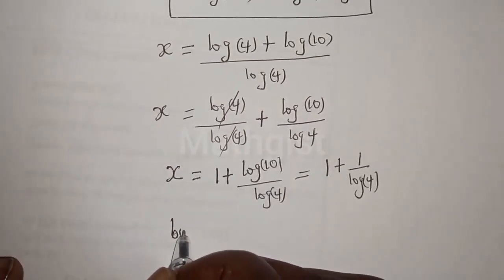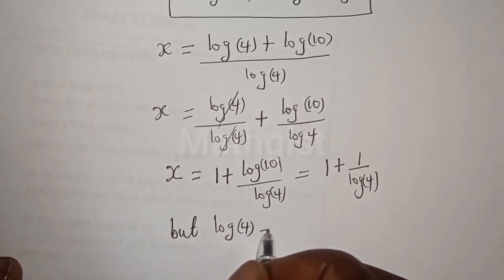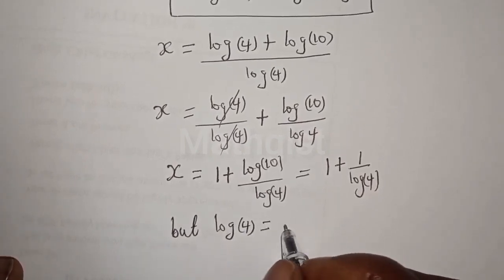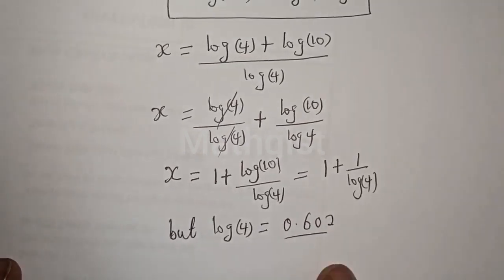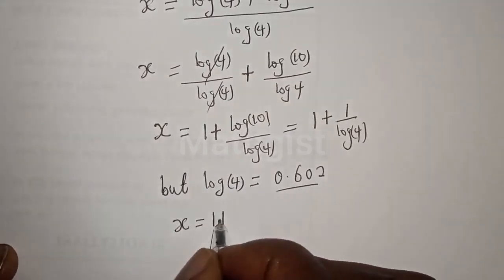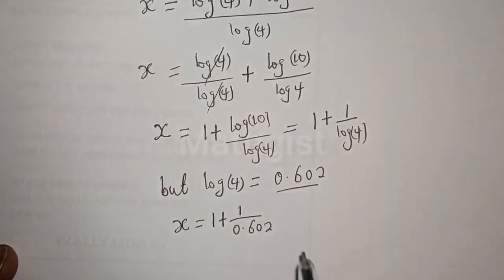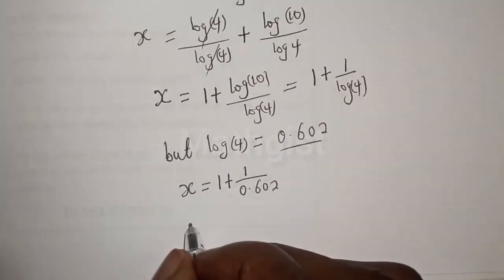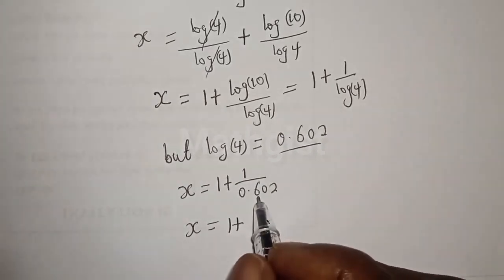But log 4 is equal to 0.602. S is equal to 1 plus 1 over 0.602. S is equal to 1 plus 1 divided by 0.602.